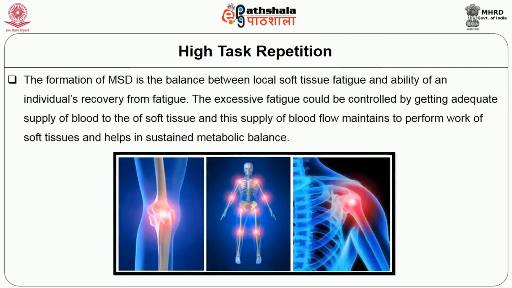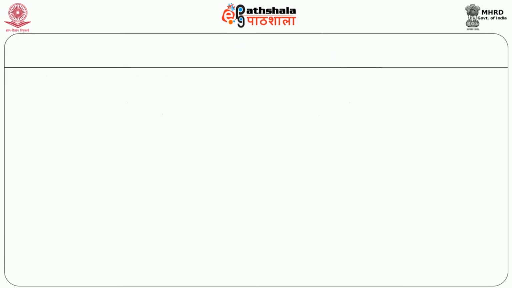The formation of MSD is the balance between local soft tissue fatigue and the individual's ability to recover from fatigue. The excessive fatigue could be controlled by getting an adequate supply of blood to the soft tissues performing work, helping sustain metabolic balance.